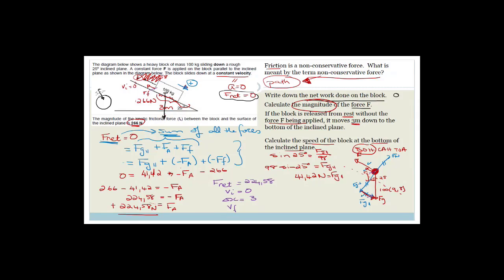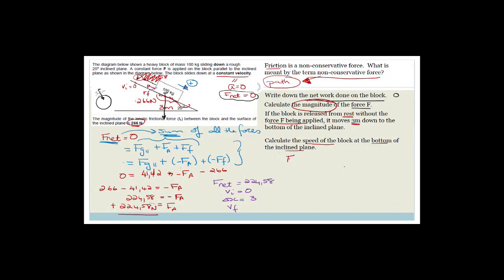Do you agree we could work out the final velocity in two ways? And they don't say which way to do it. They don't say you have to use energy methods, and they don't say you have to use equations of motion. So we have either or. I'm going to go with the energy method because we're doing questions on work, energy, and power.